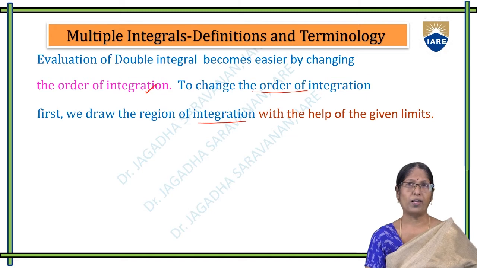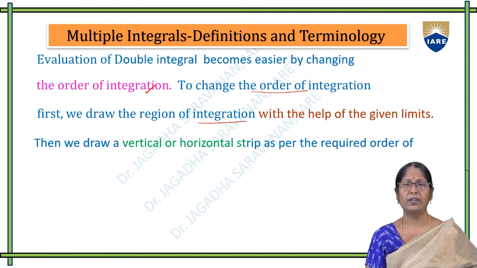If we select the formulas and substitute, and still find the integration more complicated, then in such situations we evaluate our area, because our double integral is used to find the area.